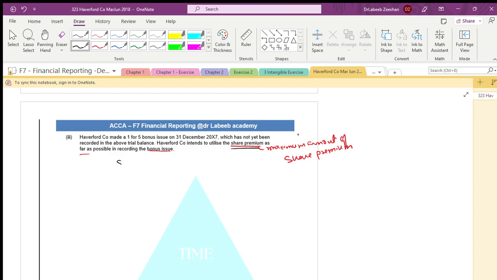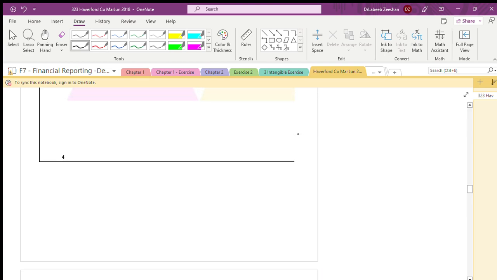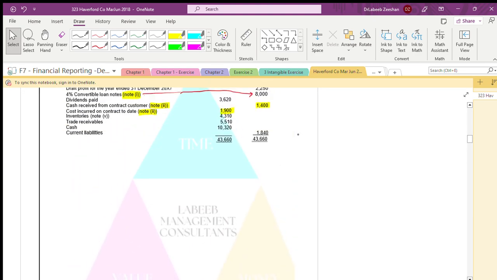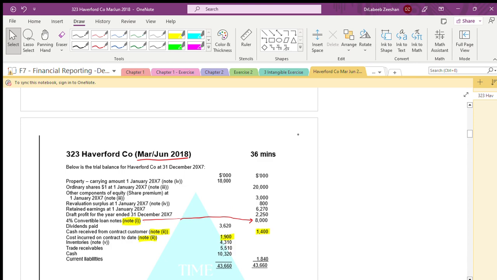How many shares are there? 20, in thousands. Okay, 20,000. Ordinary shares are how much? We can say 20 million.